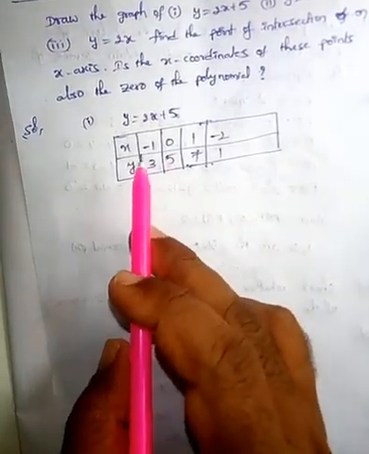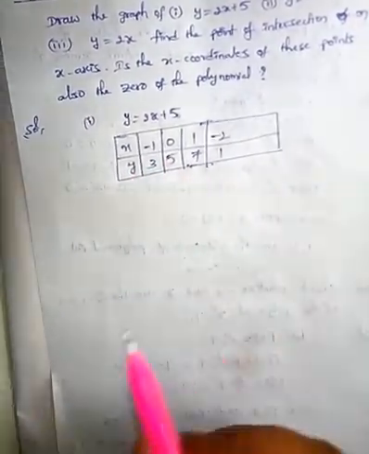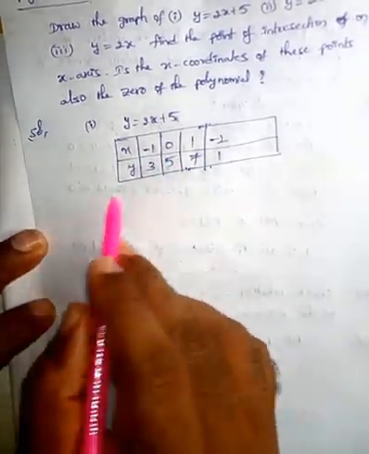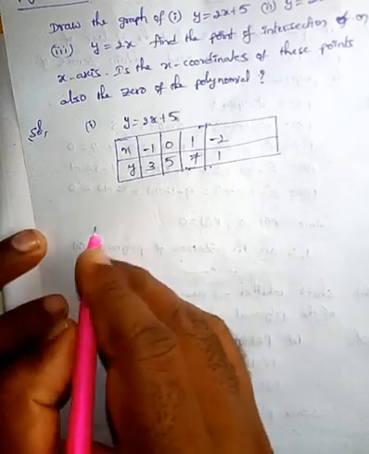Okay, children, draw the graph by using these points. After drawing the graph, write the information like this.